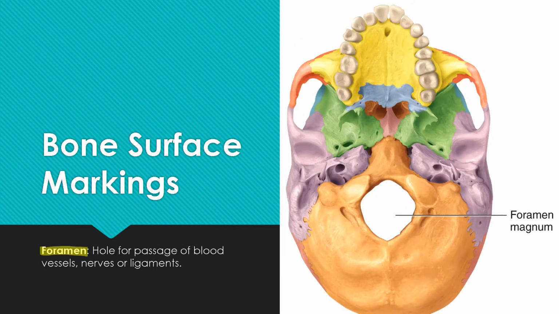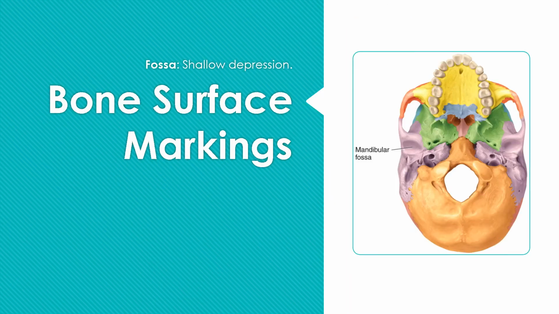A foramen is a larger opening in bone through which blood vessels and nerves travel through as well. The optic foramen or the large foramen magnum are going to be good examples of a foramen. A fossa is just a shallow depression, as we can see here with the mandibular fossa.